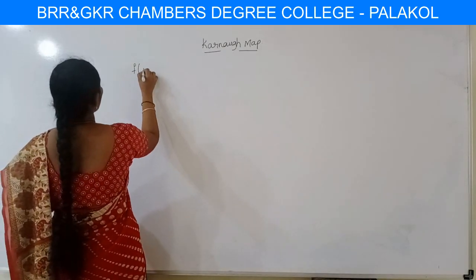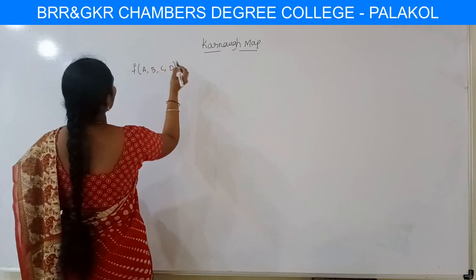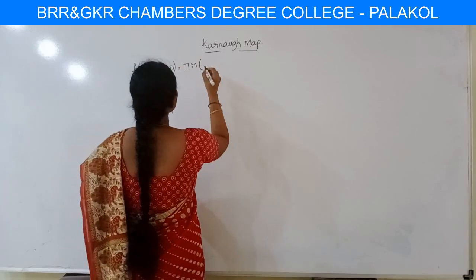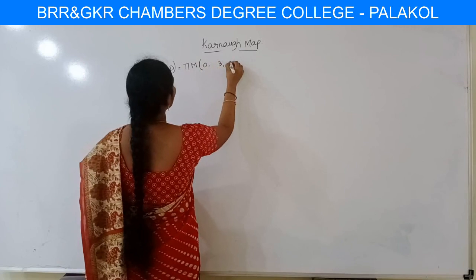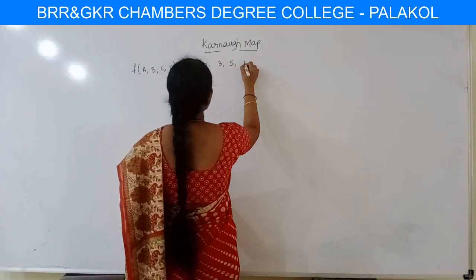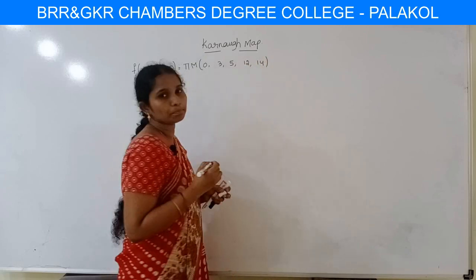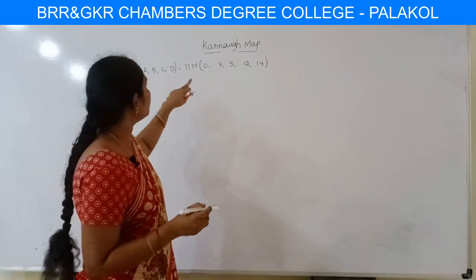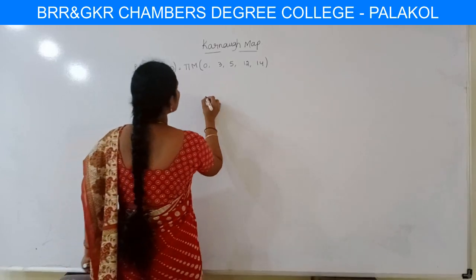So f of a, b, c, d, and consider the numbers 0, 3, 5, 12 and 14. For these numbers we have to write the 4 variable K map in POS form.